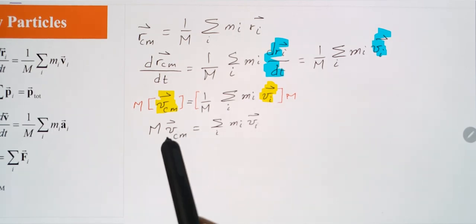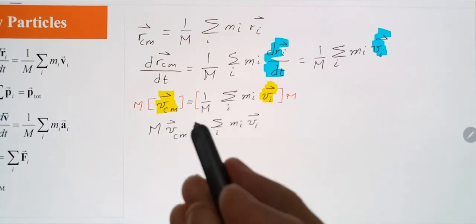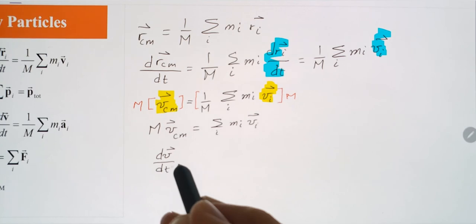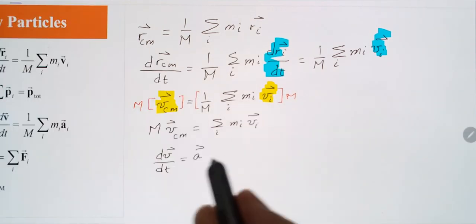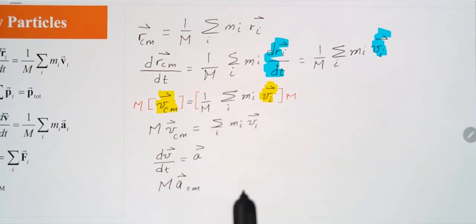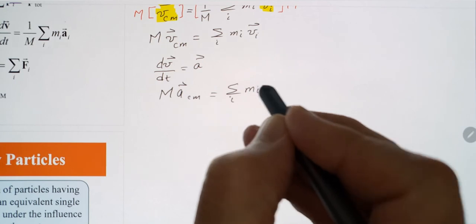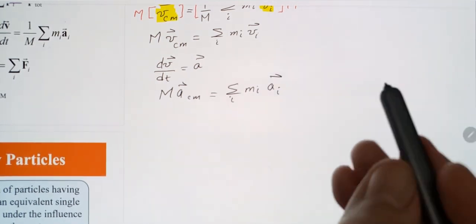Now, I can derive v with respect to time. Yes, I can. It is equal to the acceleration. So I end up with m a center of mass is equal to summation mi ai vector.